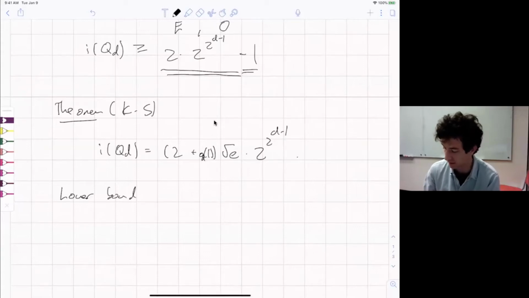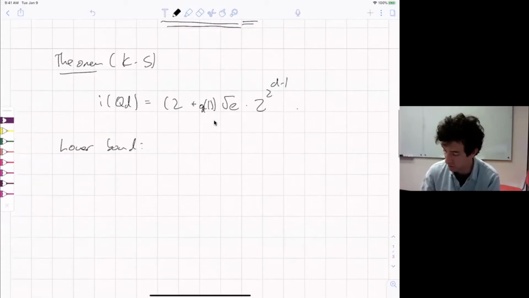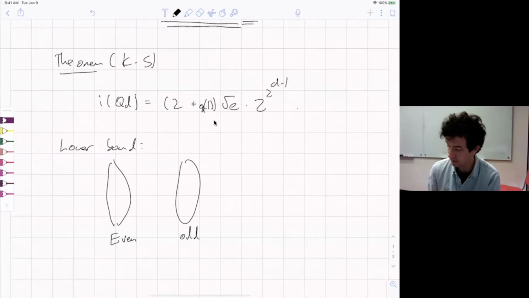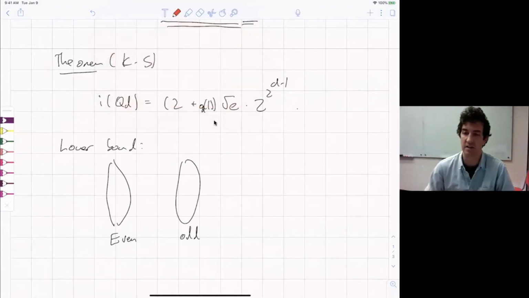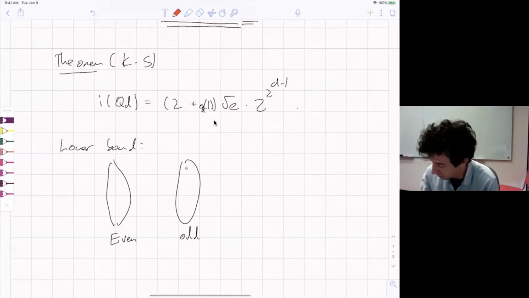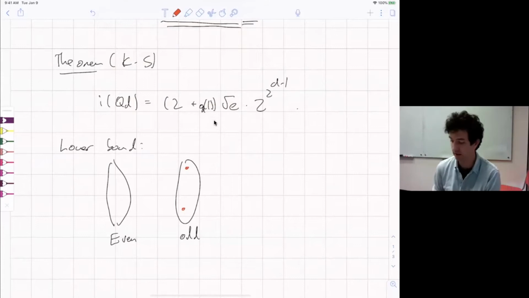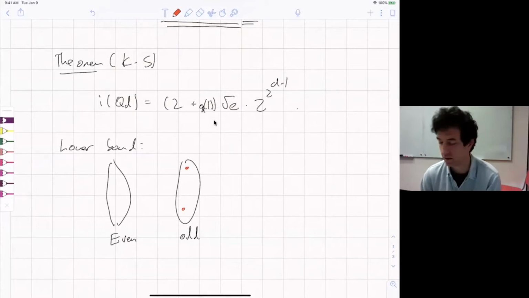to this theorem. And so the way we want to view this is, let's say here's even, here's odd. We can think of independent sets that are not just subsets of even or subsets of odd. Imagine we have a sprinkling of defects on the odd side.